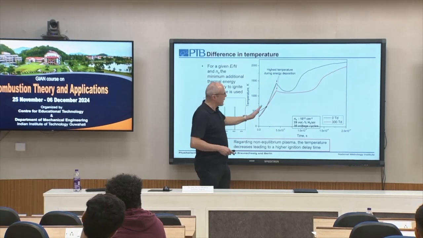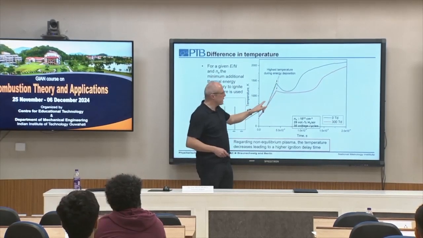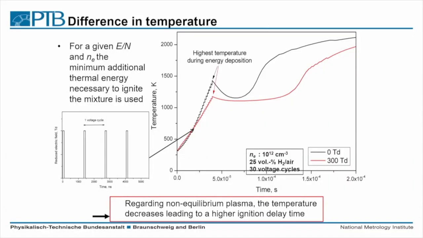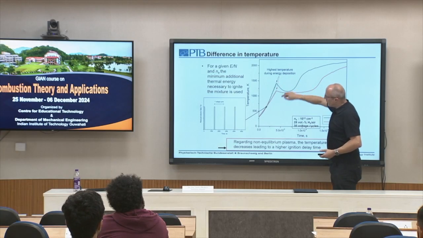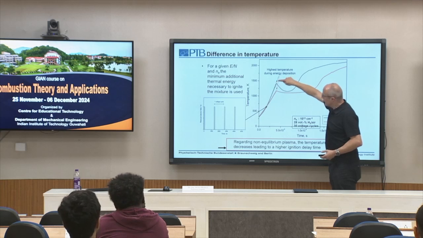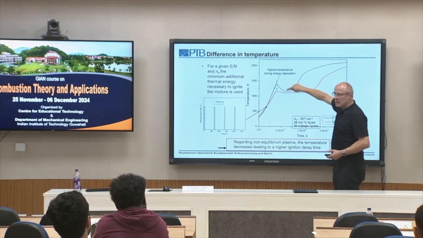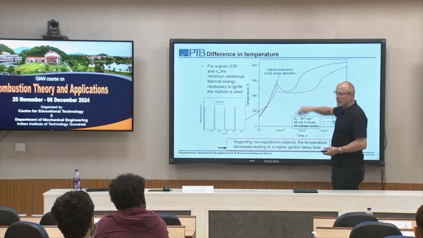Depending on the energy deposition, it can ignite during this time. It can lead to no ignition. Or like in this example, we have an energy deposition, then the system cools down, but of course here chemistry already has started. So here a lot of reactions still occur, and finally the system ignites.